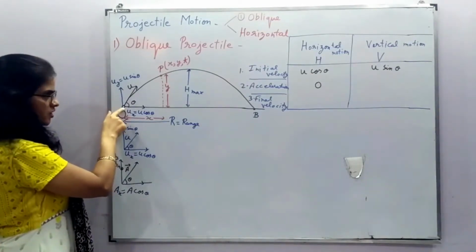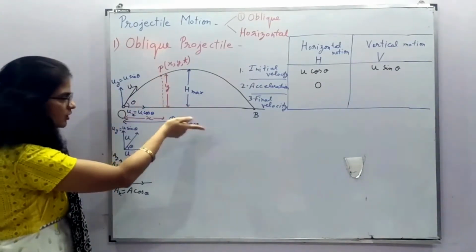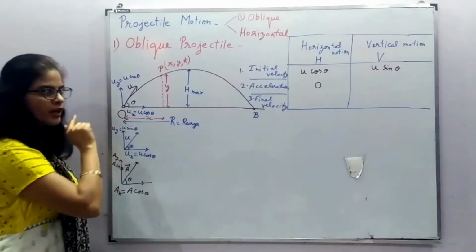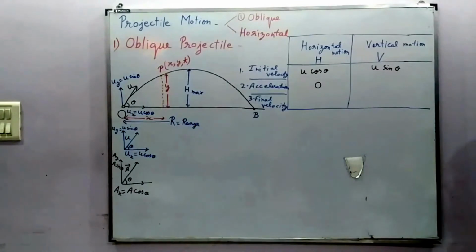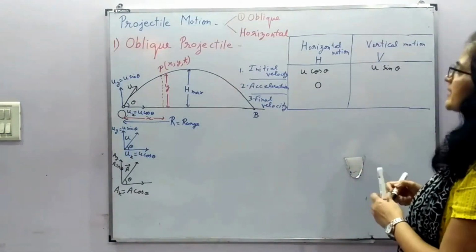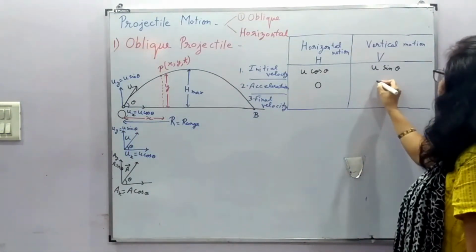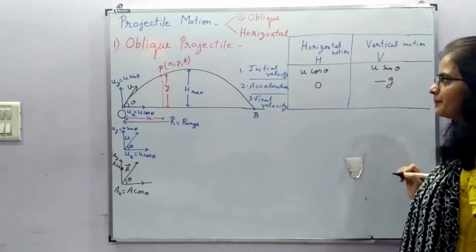So at the initial point, upward direction of motion is there, but the acceleration is downwards. So what will be the sign of acceleration due to gravity? This will be minus g.